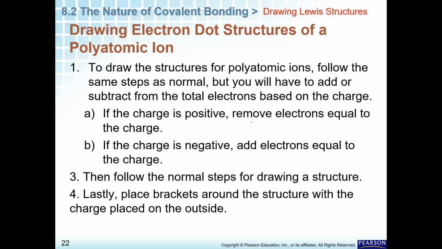So if we have a +2, that means we have lost 2 electrons. Oppositely, if the charge is negative, that means we have added electrons. So if you get a -3 charge, we should be adding 3 electrons to the total. We continue to follow the steps we learned in the last lesson. However, when you end, we're going to put brackets around the structure and place the charge on the outside.